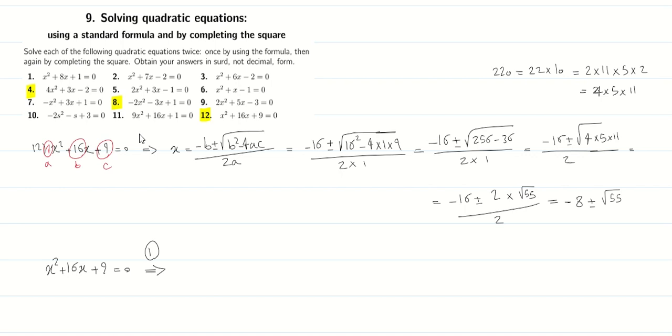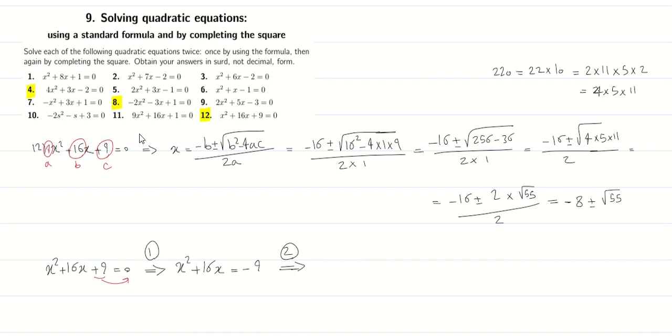So this plus 9 should be moved to the right hand side. And it would be x squared plus 16x is equal to negative 9 now. For the second step, we had to make the coefficient of x squared be equal to 1. But in here it is already equal to 1, so we don't have to actually do anything on this step.